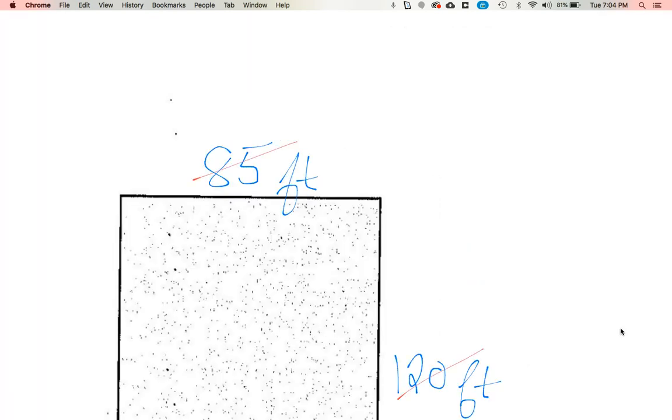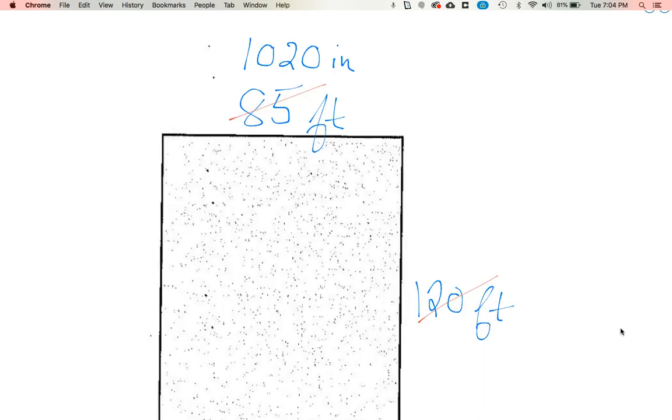I prefer bigger numbers than smaller decimals in a problem like this. So there's 12 inches in every foot. And if there's 85 feet, that's just 85 times 12, which is 1,020. And then we did it again, 120 feet, 12 inches in each one of those gives us 1,440 inches.